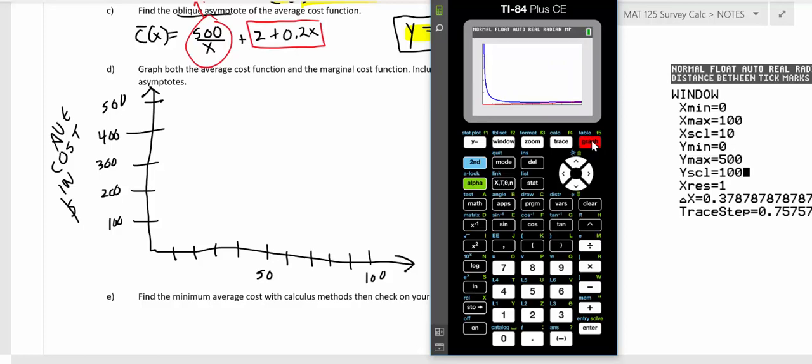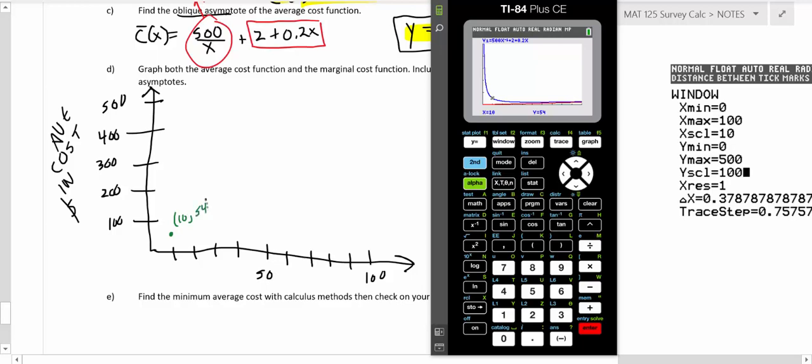So now what I'm going to do is have you trace out a couple of points. I'm going to type trace, and I'm going to trace at maybe 10. You can also use your table of values. So I've got a point (10, 54).